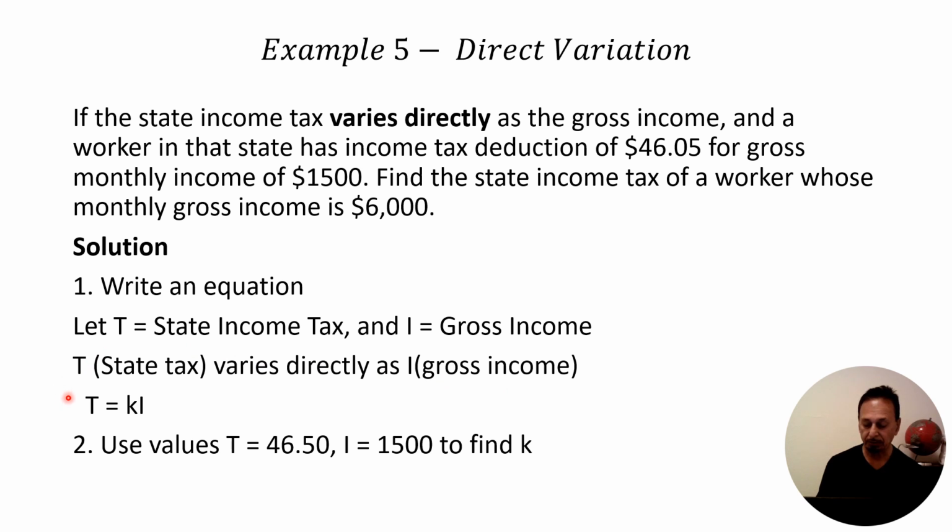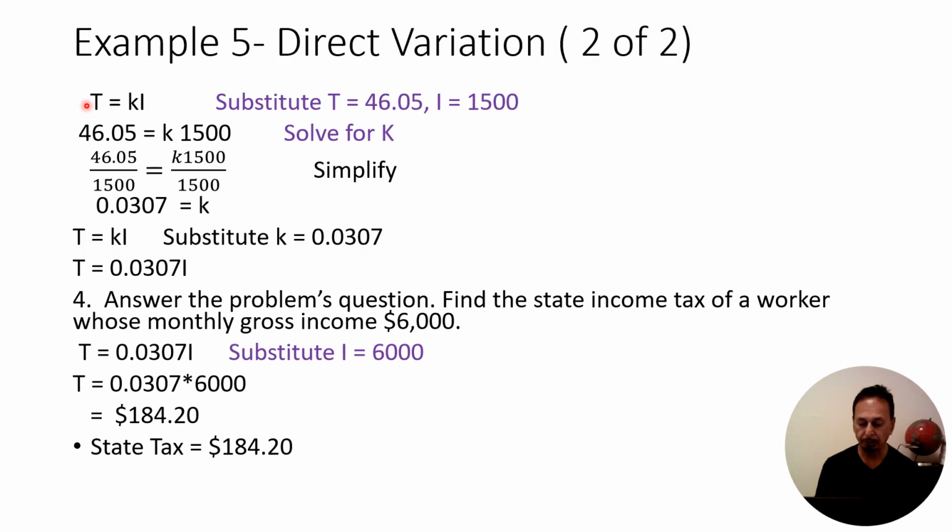So we can write T equals k times I. Now we use the values of T equal to 46.05 and I equals 1500 to find k. So let's rewrite the model again. T equals kI. Substitute T equals 46.05 and I is 1500. This equation becomes 46.05 equals k times 1500.